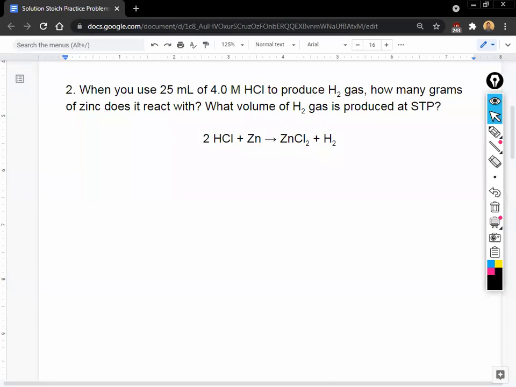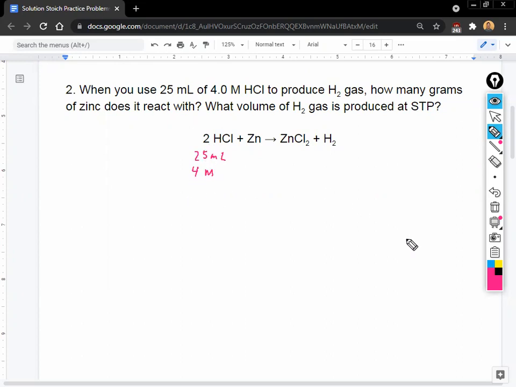Okay, so let's start going over this problem. Same thing as usual. You want to use the information that you have in the text and write it down on the side, so you have somewhere to look at it real nice and clean. It says we have 25 milliliters of a 4 molarity solution of HCl. So HCl, 25 milliliters, 4 molarity.